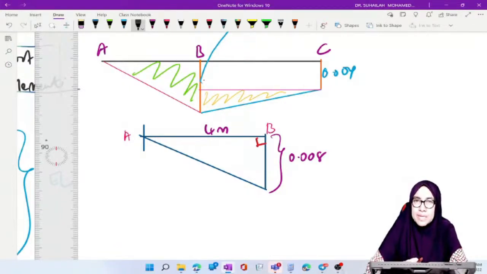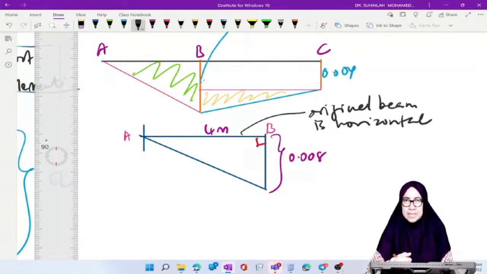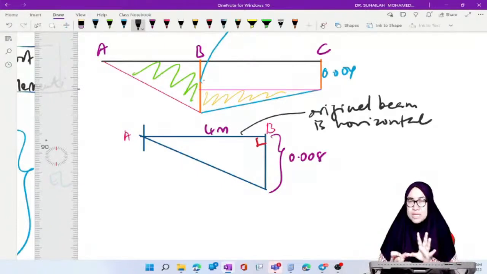The original beam is horizontal, so we need to mark the angle of rotation, how it rotates from the original position to the new position.